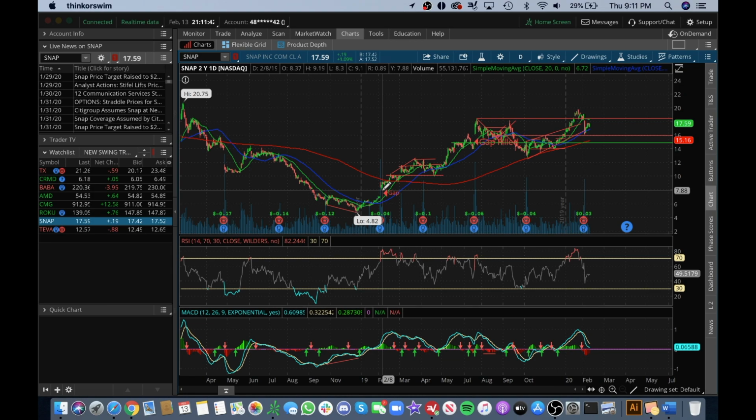I use the simple moving averages, 3 of them, 20-day, 50-day, and the 200-day. The 20 is the green, the 50 is the blue, and the 200-day is the red line. And the RSI shows me if stocks are overbought or oversold. If a stock is extremely overbought, you want to short that stock so you can profit on the downside, because that's going to correct to a price that the market is comfortable with.